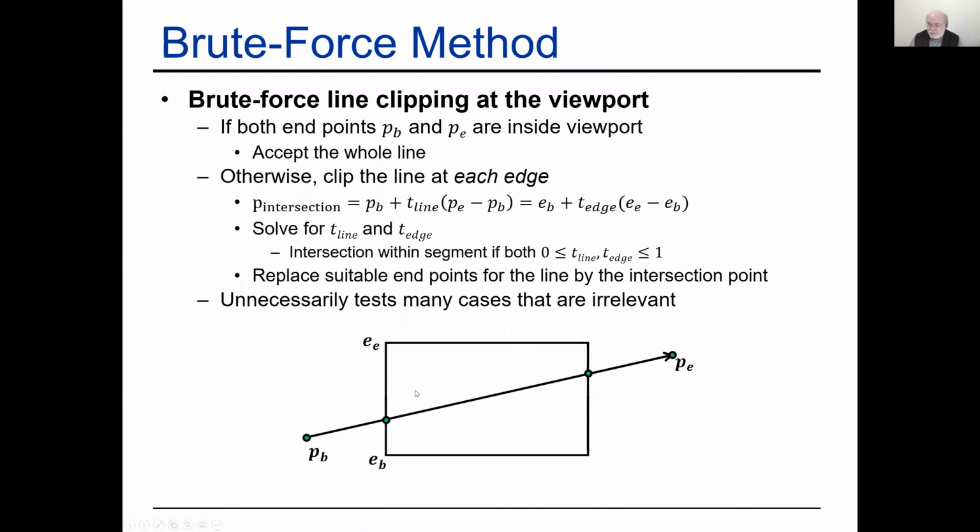And so we can figure out which of the sides relative to the intersection point we still need to maintain, and then we either replace the beginning or the end point by the intersection point. And we have a remaining segment, and then we keep clipping against the other edges here. When we test again against the right edge, in this case, we would find the other new exit point and be able to replace the endpoint by that one.